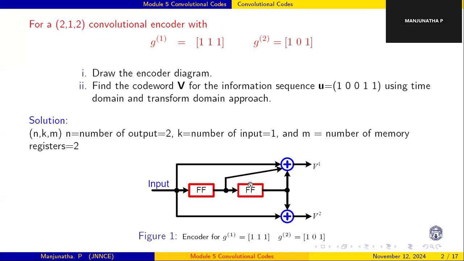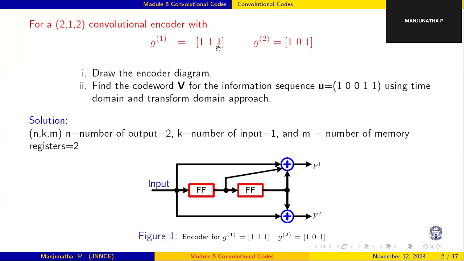This is the encoder. First we place the two flip-flops one after another, and it has two outputs, so two XOR gates for the two outputs.